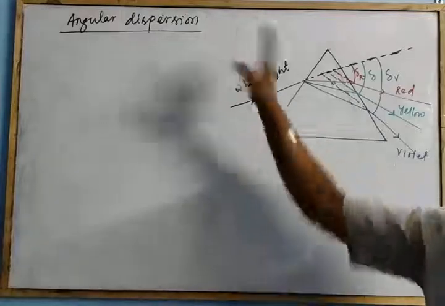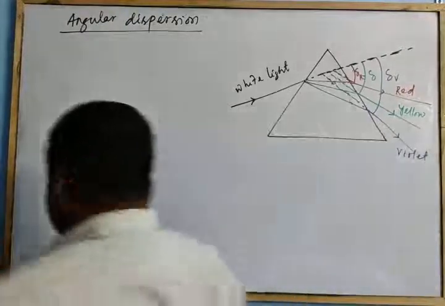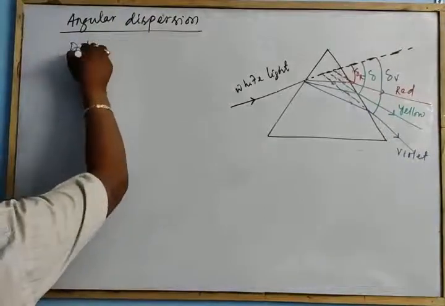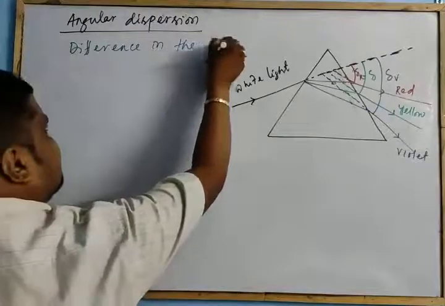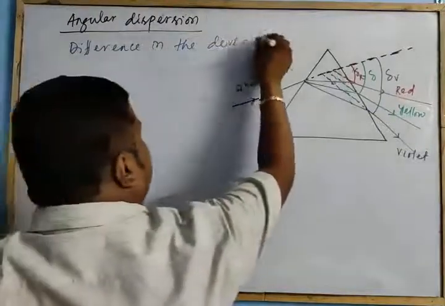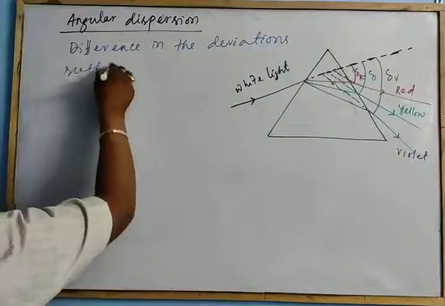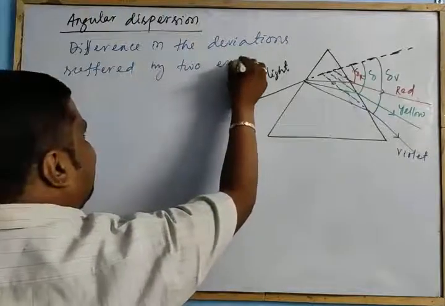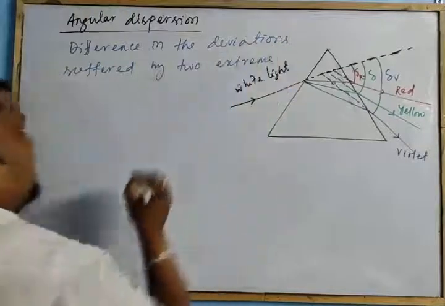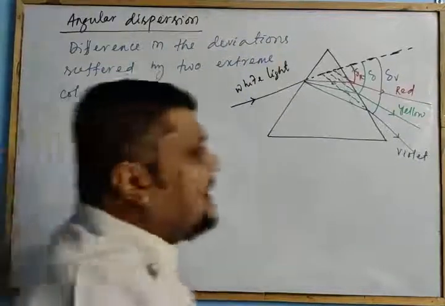From here we get the definition of angular dispersion. It is defined as the difference in the deviations suffered by two extreme colors. What are the extreme colors?